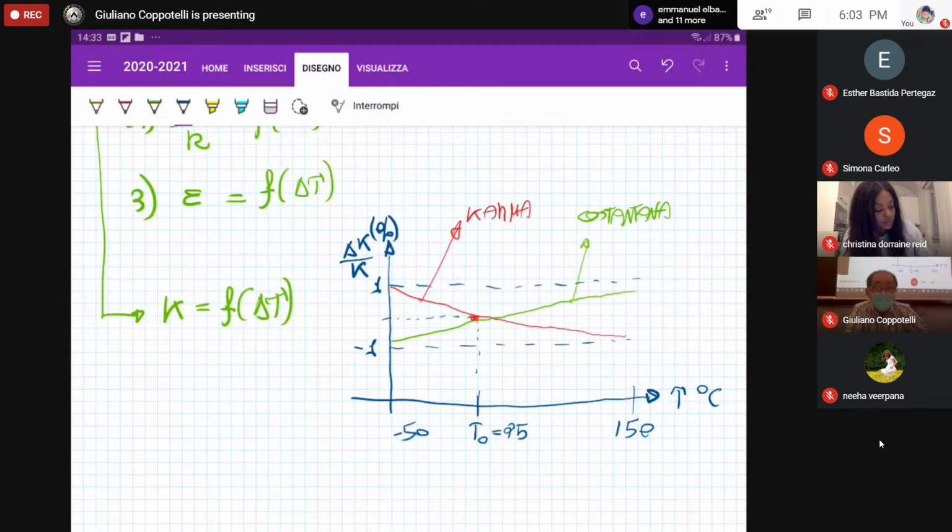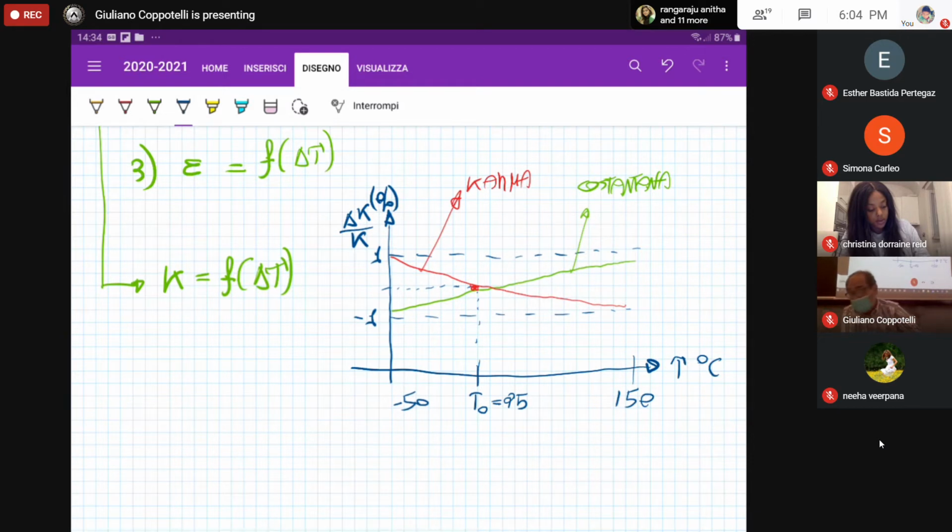According to the different material, the rate of change could be either positive or negative. As we can see, the Constantan material has a positive trend, the slope is a positive one. On the contrary, the Karma material is having a negative slope. So according to the different material, we can have an increase or a decrease of the strain gauge factor.